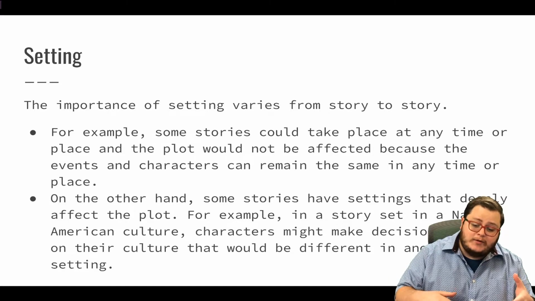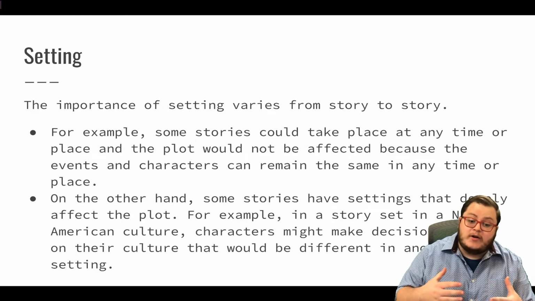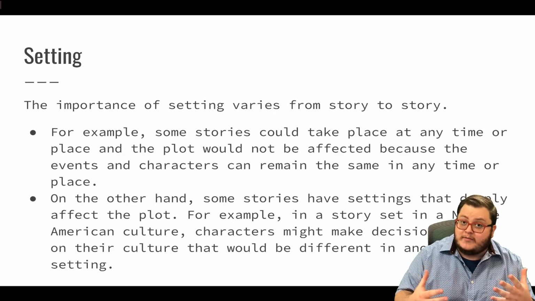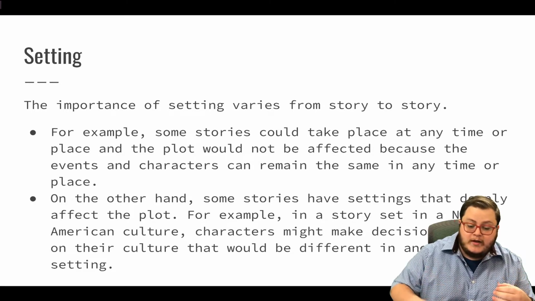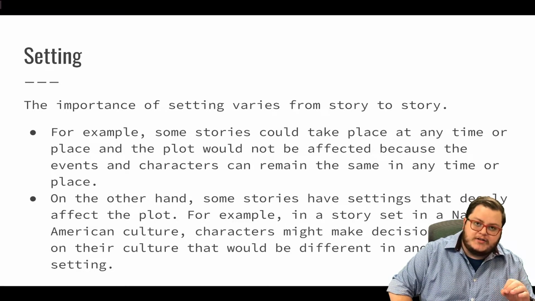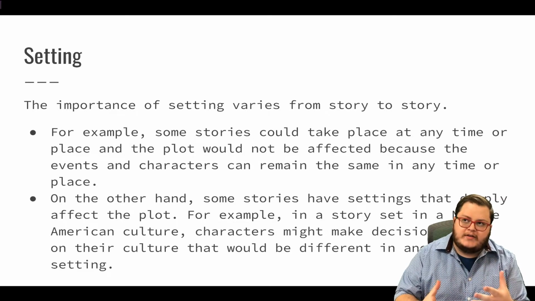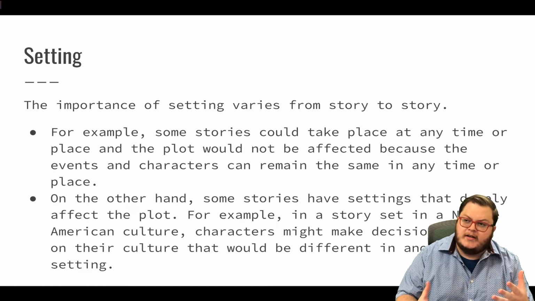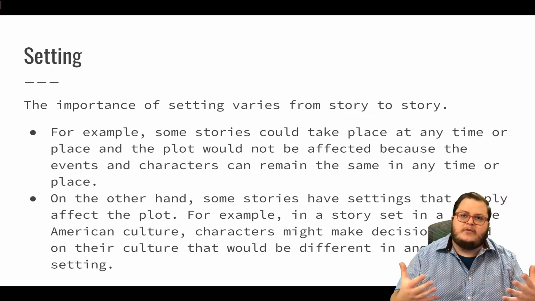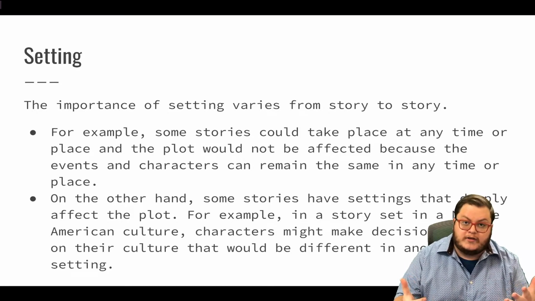So, for example, in a story set in a Native American culture, maybe something like we're going to read eventually, characters might make decisions based on their culture that would be different from another setting. When we're talking about this, the big misconception is that Western civilization is the only prominent culture to think of.